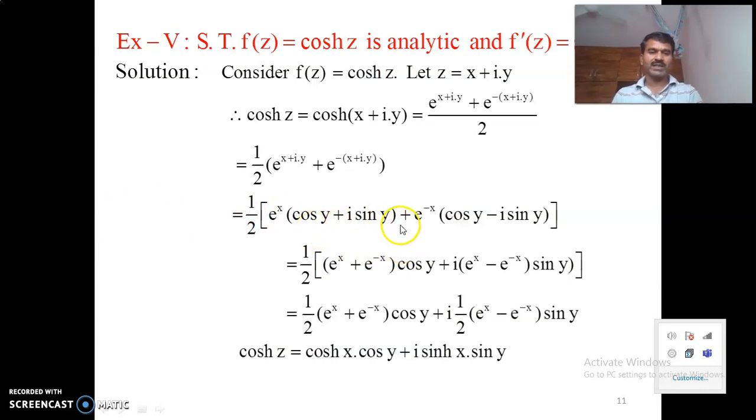So we have this here. e power x plus e power minus x by 2 is cos hyperbolic x, and e power x minus e power minus x by 2 is nothing but sine hyperbolic x.